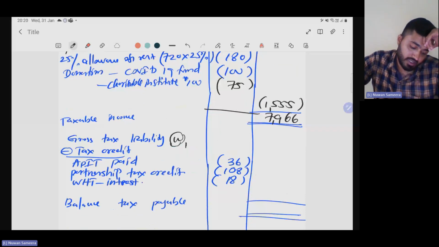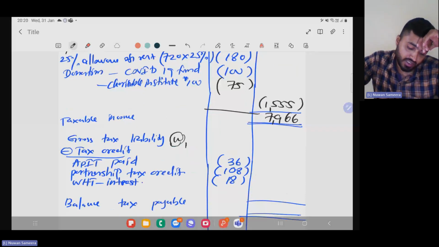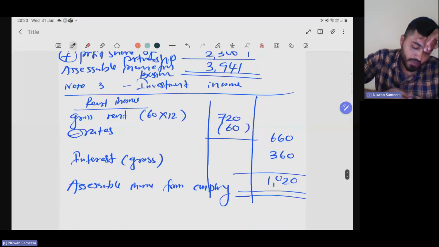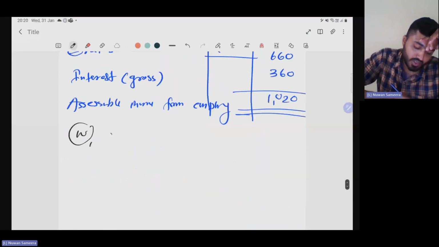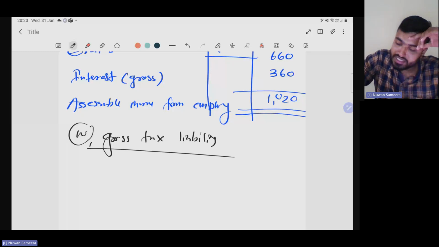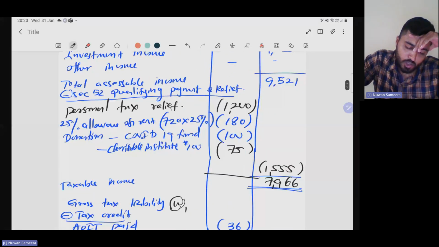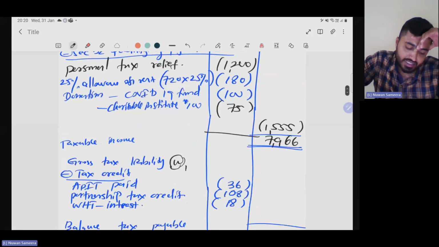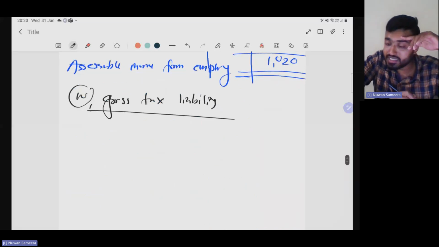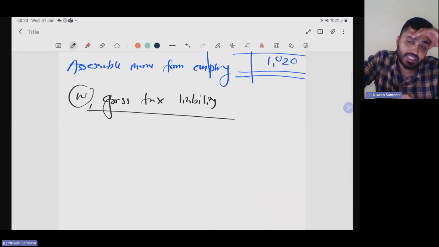So we need to do some working to calculate that. There is no other information. So I will do the working. How you can calculate the gross tax liability is based on the taxable income. The taxable income is how much? 7,966.